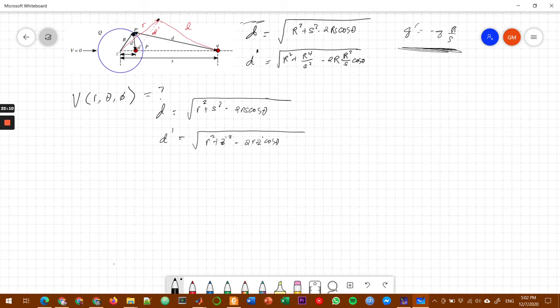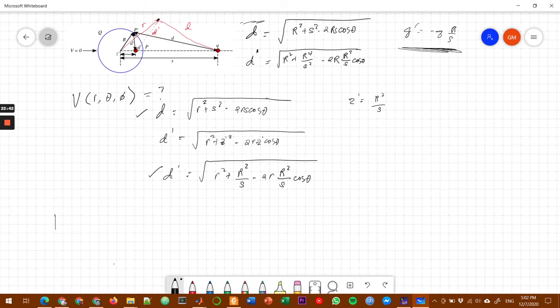I hope you can follow. And since I have my expression for z prime, which is r squared over s, if I substitute that here, I will get r squared plus r squared over s, squared, minus 2r times r squared over s cosine theta. That would be my d prime and my new d.